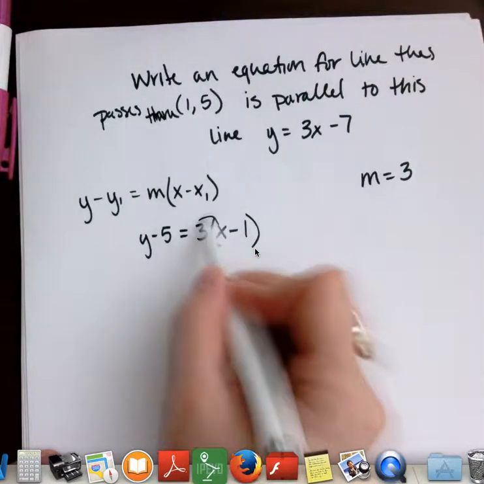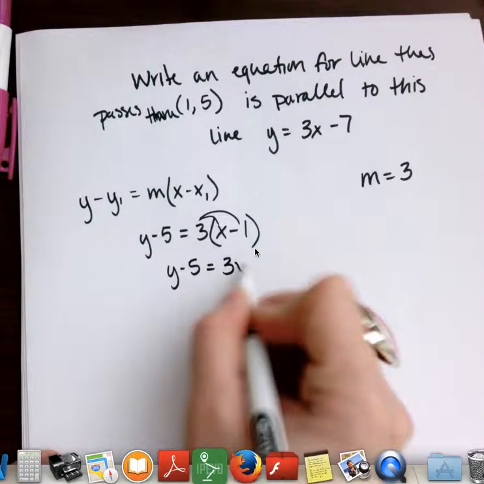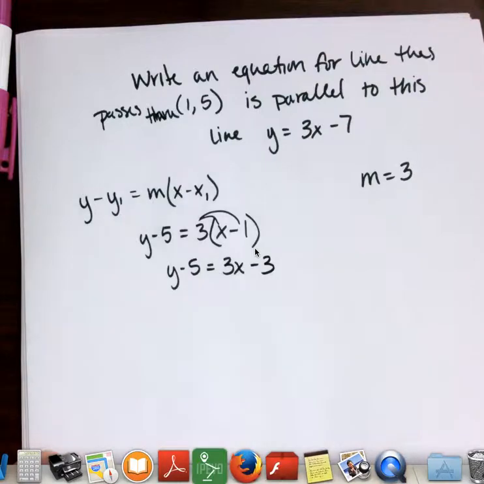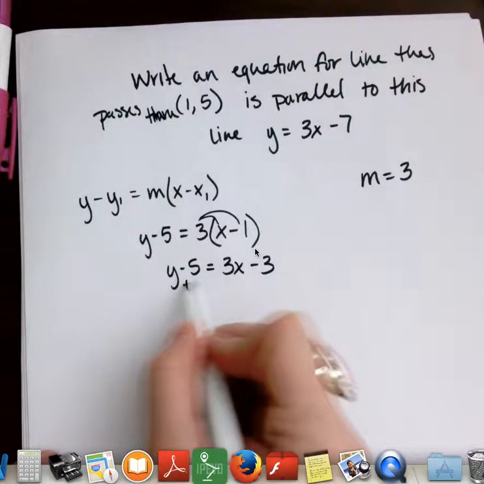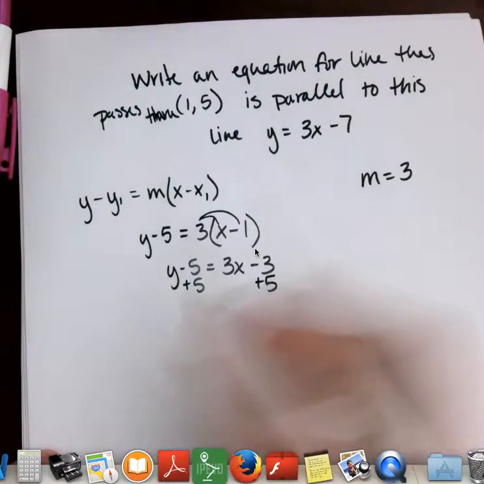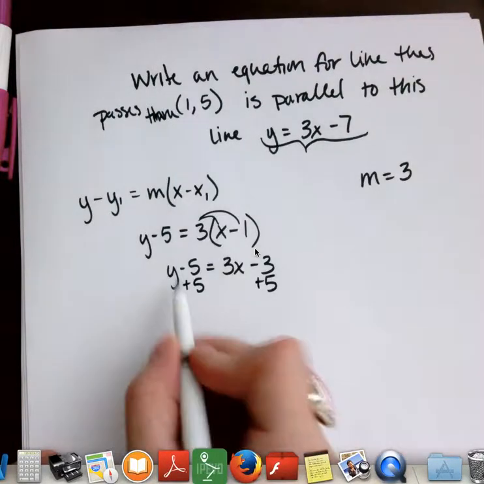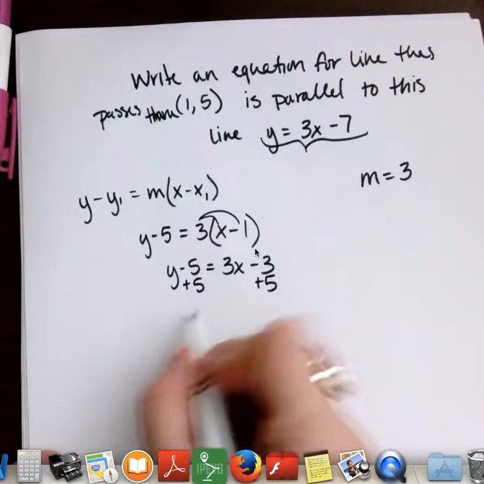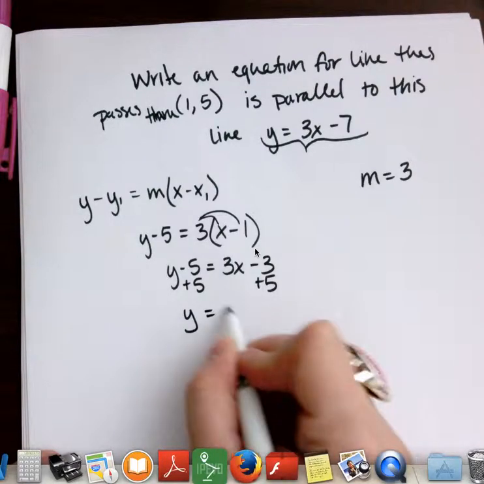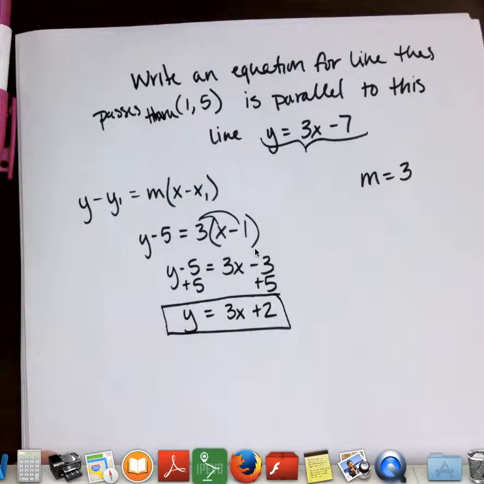I distribute my slope, y minus 5 equals 3x minus 3. I move that 5 over because slope-intercept form is y equals, and right now I have y minus 5 equals something. So this will leave me with y equals 3x plus 2. And this line is going to be parallel and run through the point (1, 5).